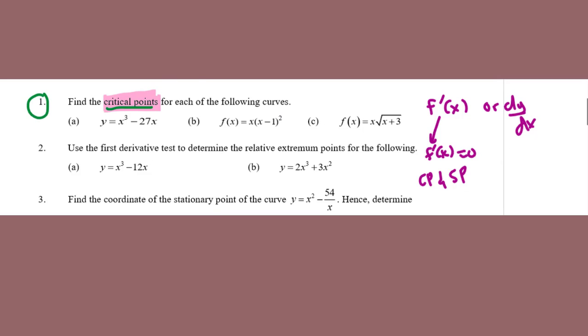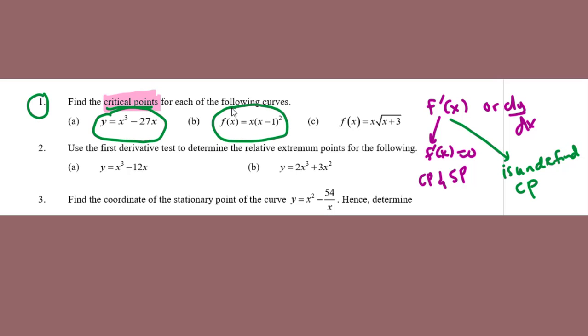Then when f prime of x is undefined, this is considered a critical point, only a critical point. So differentiate y with respect to x, f prime of x, and find when f prime of x is equal to 0 and when f prime of x is not defined.